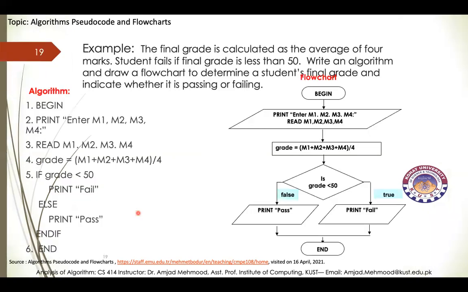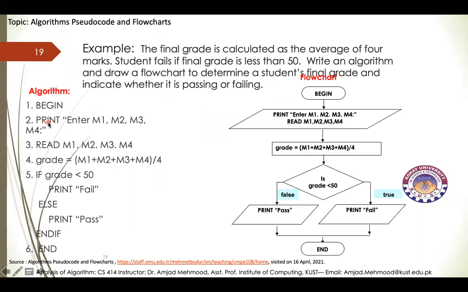Here you can see the final grade is calculated as the average of 4 marks. A student fails if the final grade is less than 50. Write an algorithm and draw a flowchart to determine a student's final grade and indicate whether it is passing or failing. So here is the algorithm.